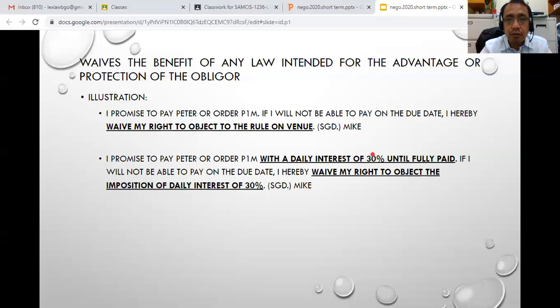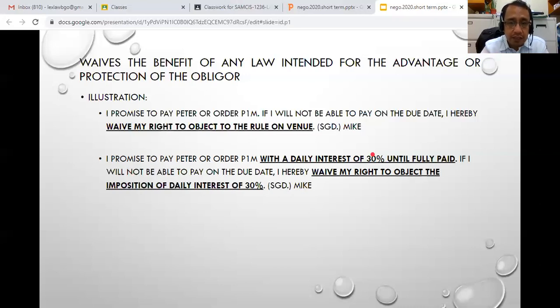In the case of Medel, the agreed rate was only 5.5% per month. The Supreme Court declared the same as illegal because the interest of 5.5% per month is considered iniquitous, unconscionable, contra bonos mores, or against morals.